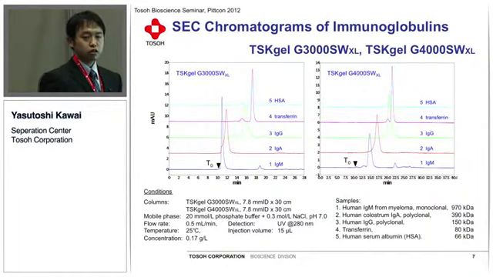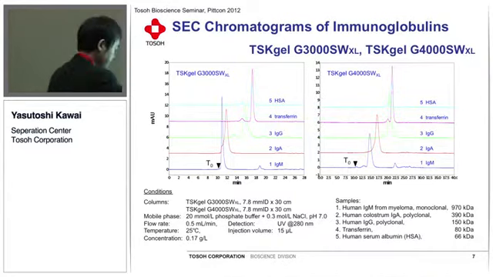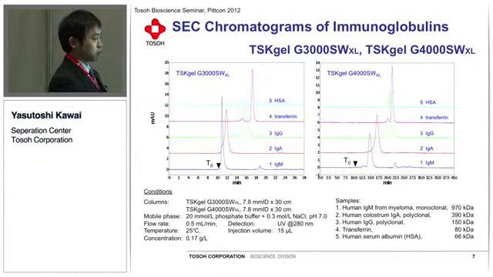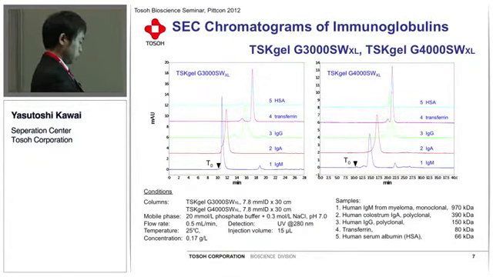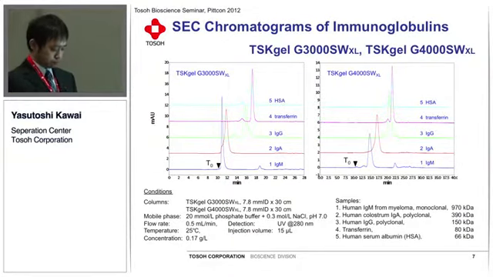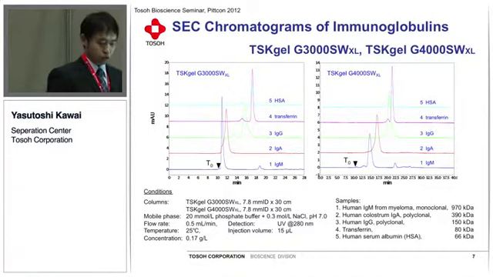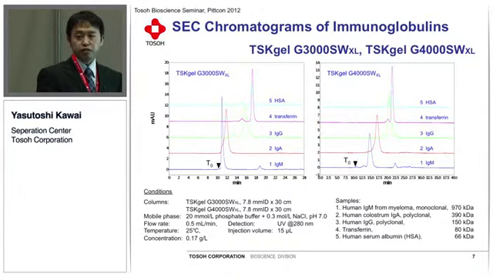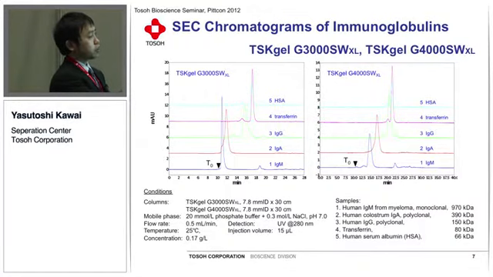So the large protein like IgM was retained on the G4000 SWXL. Therefore, for analysis of larger proteins, G4000 SWXL is more recommended.